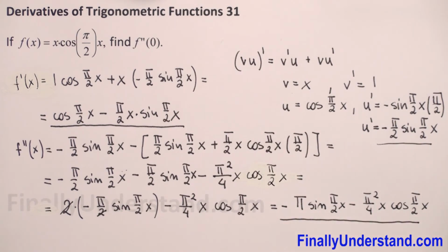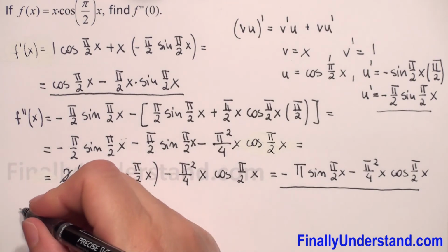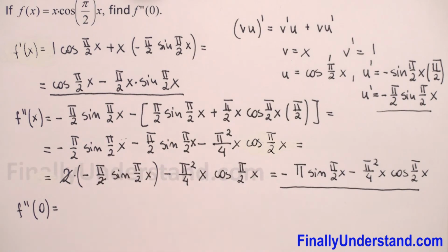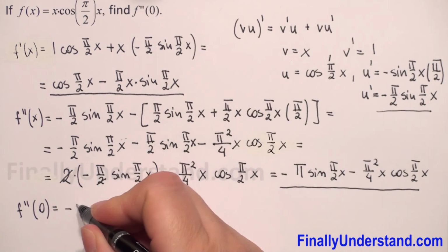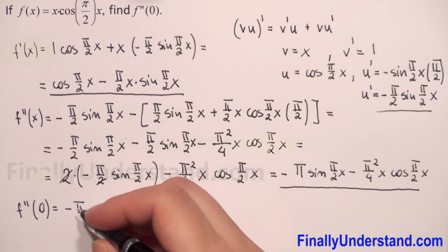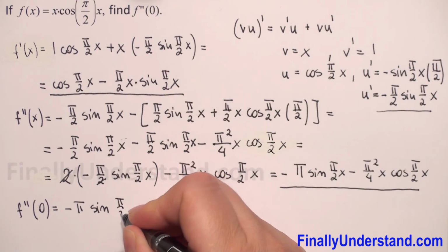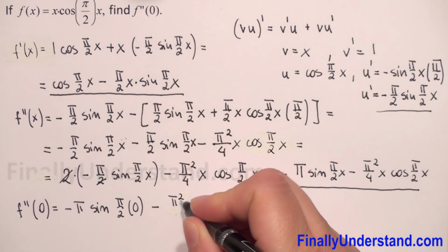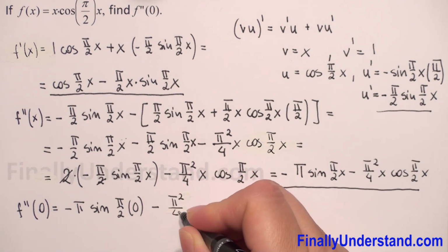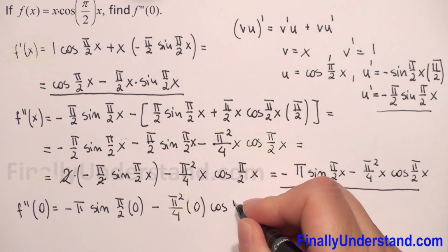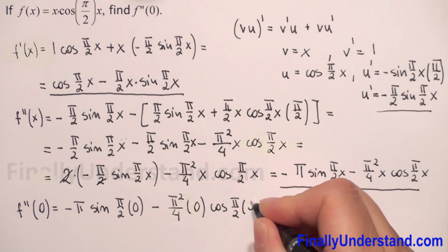Now we have to find the value of our second derivative for x equals 0. It means we have to replace the x's by 0. So we have negative pi, we just copy, times sine of pi over 2 times 0, minus pi squared over 4 times 0 times cosine of pi over 2 times 0.